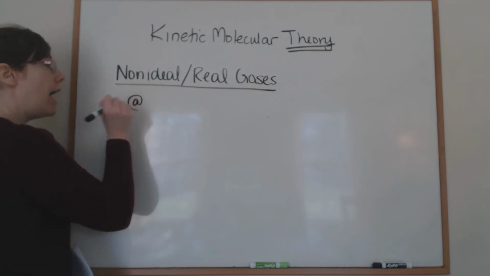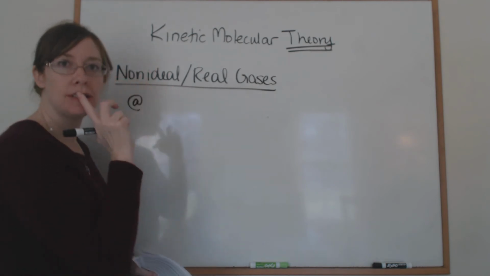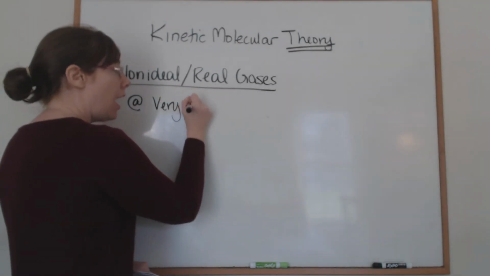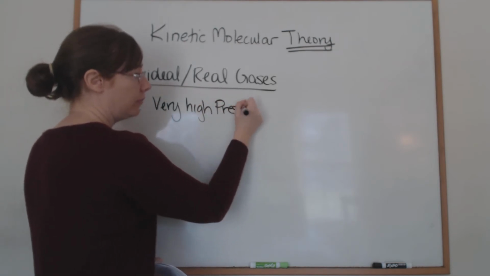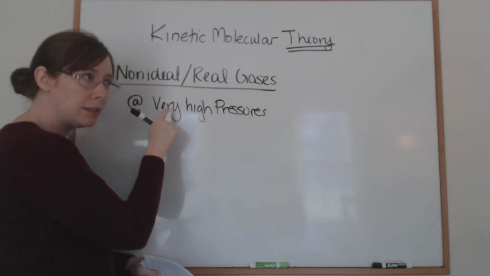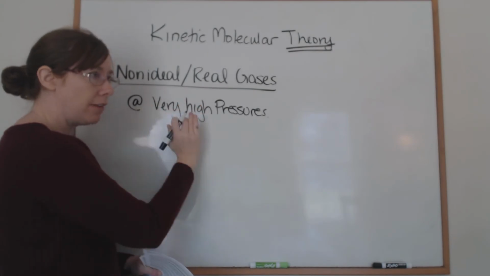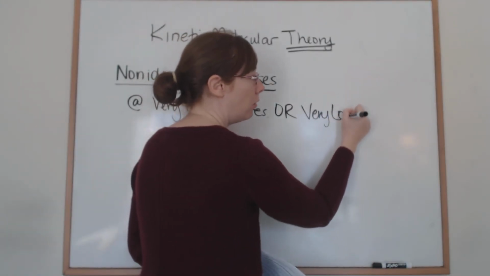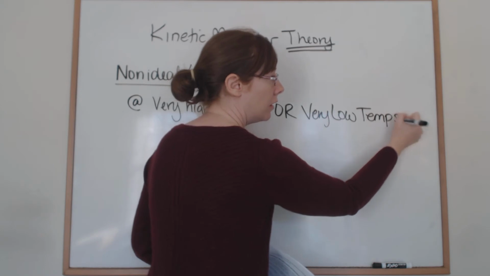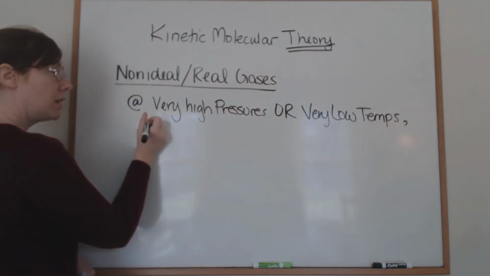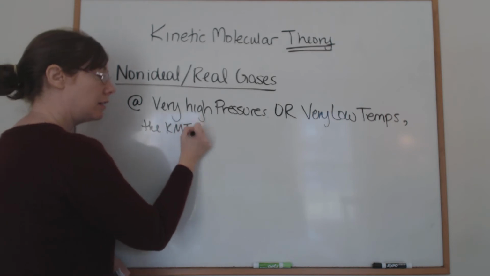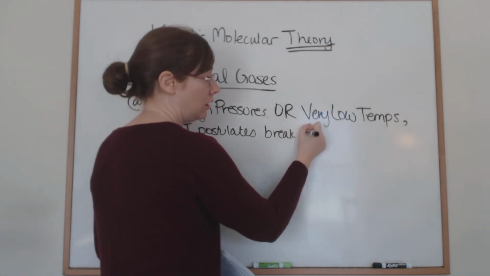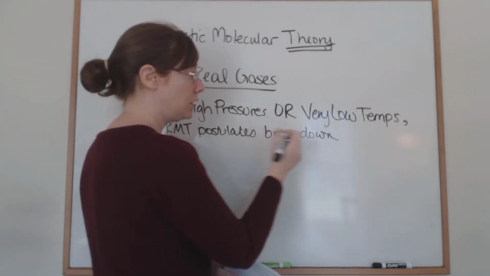Let's say it like this. There are two conditions, and I want you to know the two conditions. At very high pressures, like I said, I'm not giving you a boundary because it's a continuum, but let's just think very high, and that's good enough, or very low temperatures, the kinetic molecular theory postulates, let's just say, break down in one way or another, and we'll talk about which ways in just a second.